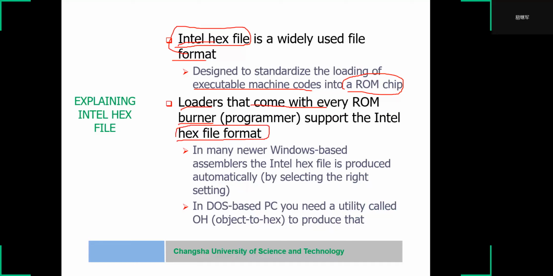In many newer Windows-based assemblers, the Intel hex file is produced automatically by selecting the right setting.